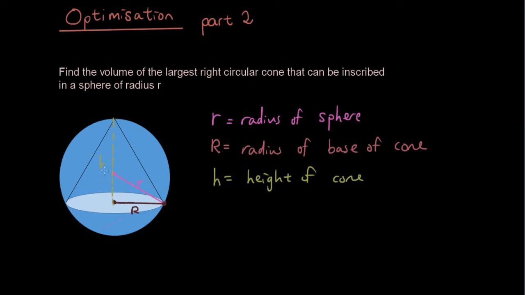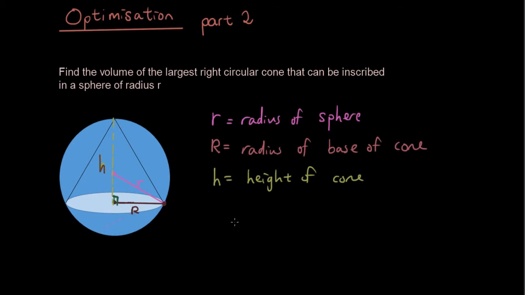That is the height of the cone. So then I have a little right angle triangle here, with a right angle here.